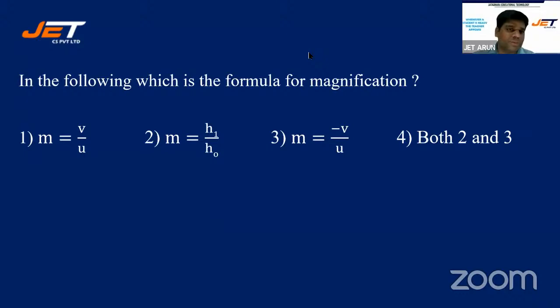Students, you are forgetting this formula. M is equal to minus V by U is definitely right. But look at the HI by HO. HI by HO is also right. So both are right. 2 and 3 are right. So option 4. Yes, correct. All right.